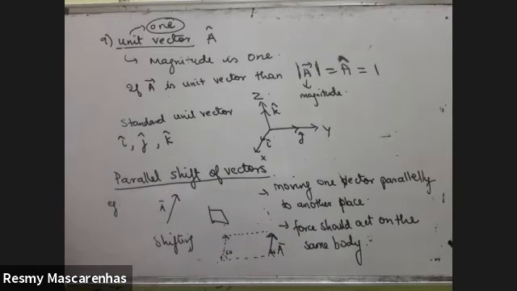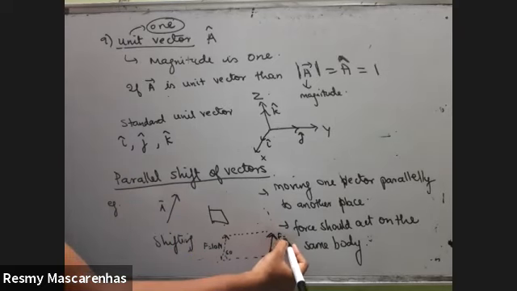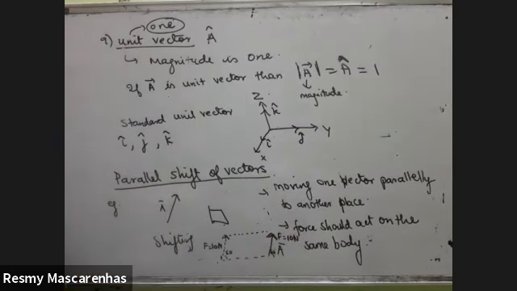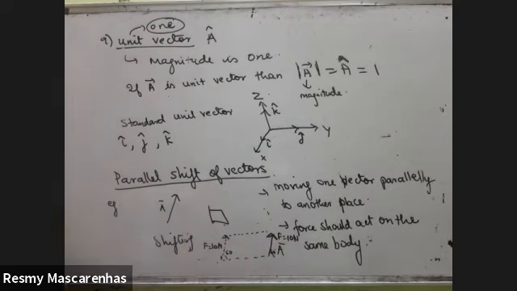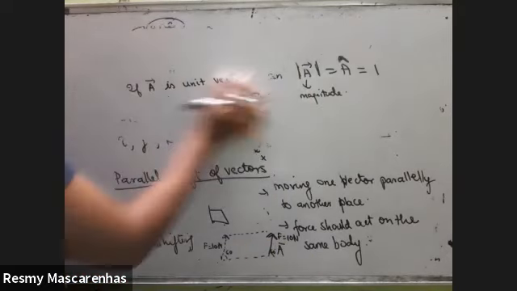You can always shift any vector provided you are shifting it parallelly. If the force was 10 Newton, this also will be 10 Newton. Even after shifting, it will remain 10 Newton only. So this is parallel shifting of vectors.